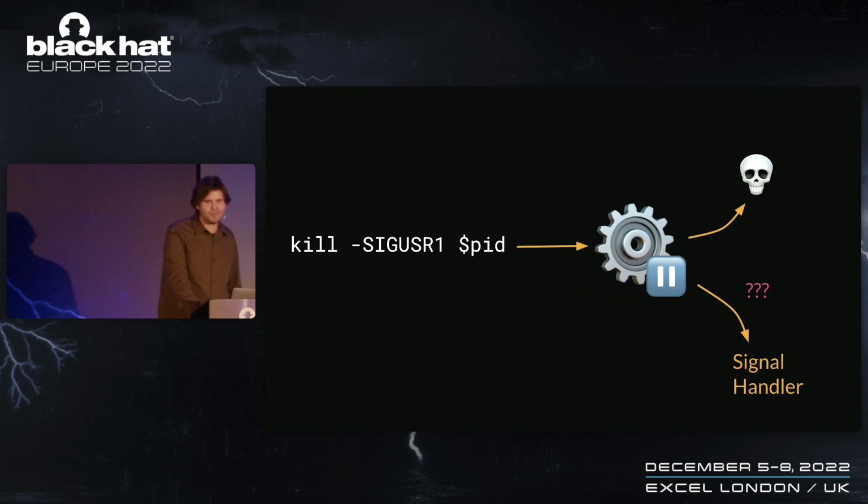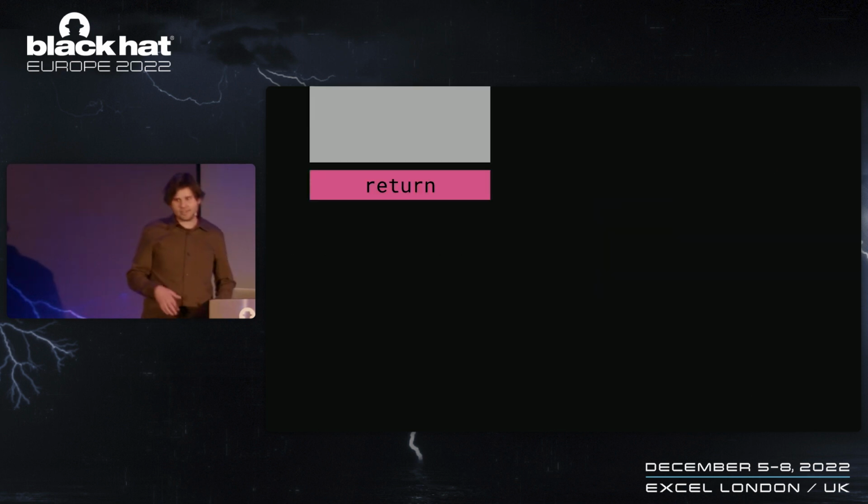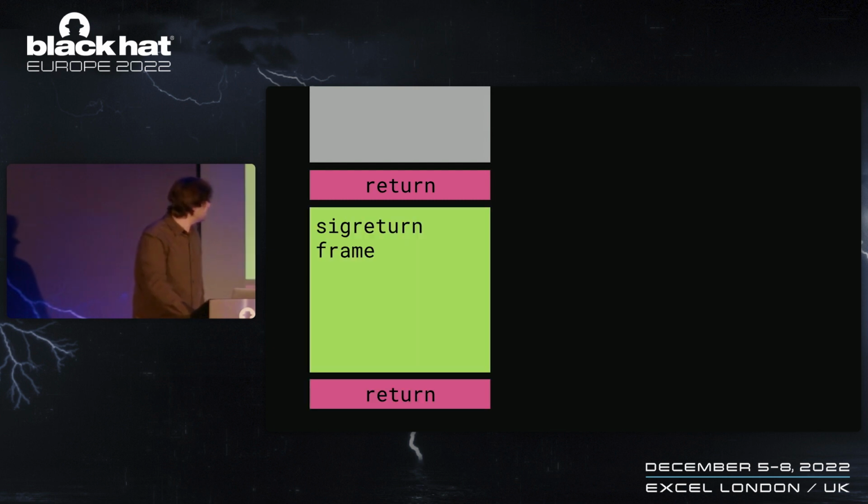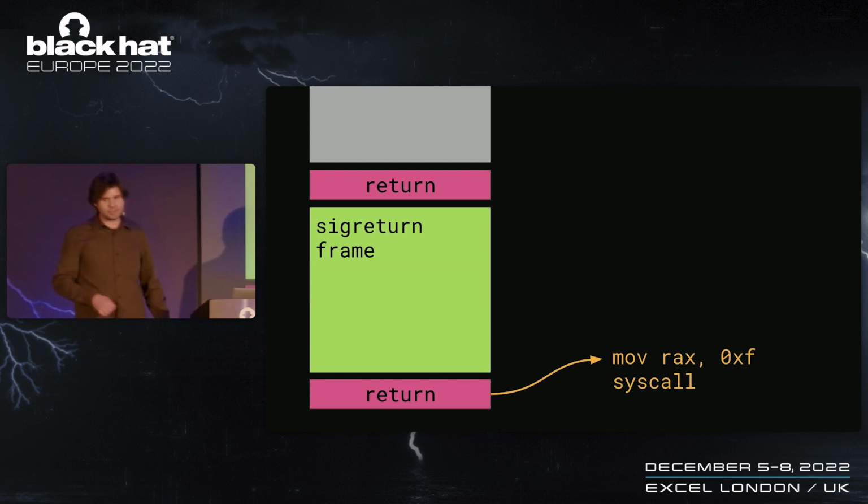If we execute a signal handler, then before the signal handler executes, the operating system will create a special frame on the stack of the process. It's called a sigreturn frame, and it's going to point the return in this frame to something that resembles a special syscall called sigreturn.